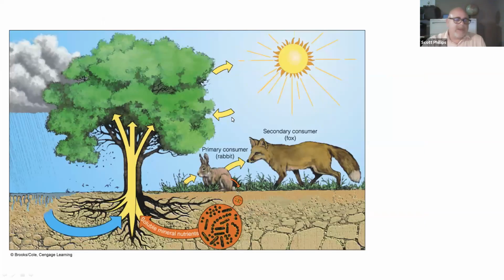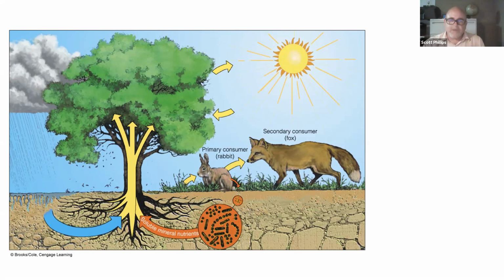So if we look at this illustration here, this is a figure that we'll look at later in the semester, looking at what we call ecology, or the relationship of living things and their non-living environment. So we have living things like a tree and grass and a rabbit and a fox. These are part of the biosphere, the living part of the Earth. They interact with each other.